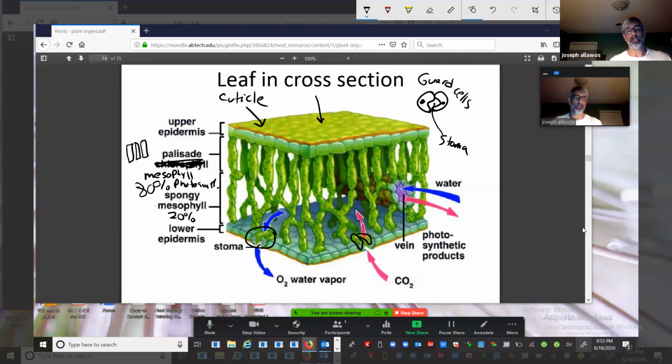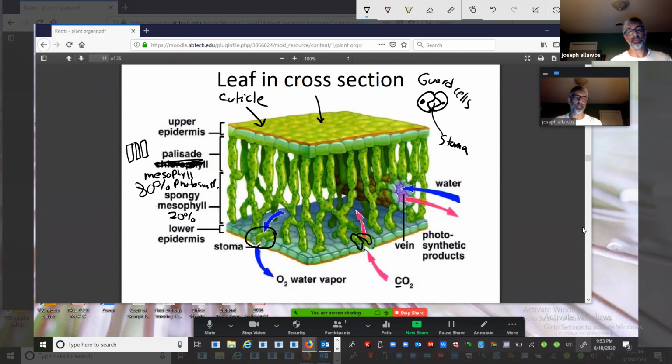Okay, now let's look at what's going in and out. The plant needs carbon dioxide. Why? Well, carbon dioxide is the building block of photosynthesis. It's the carbon that makes the glucose molecule, right? So the only way that carbon dioxide can get in is if there's this opening. What's a byproduct of photosynthesis?